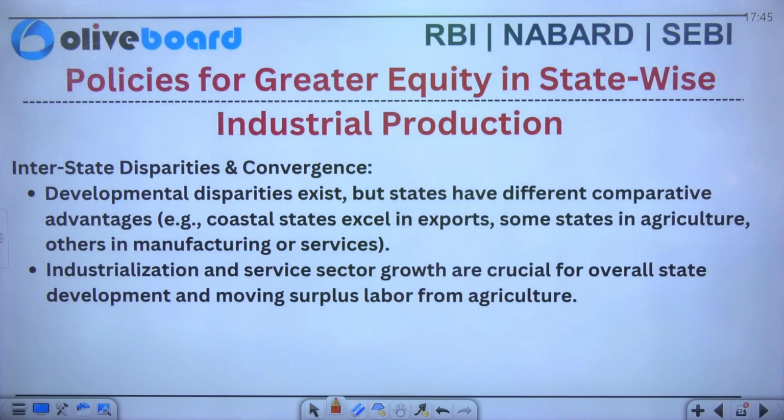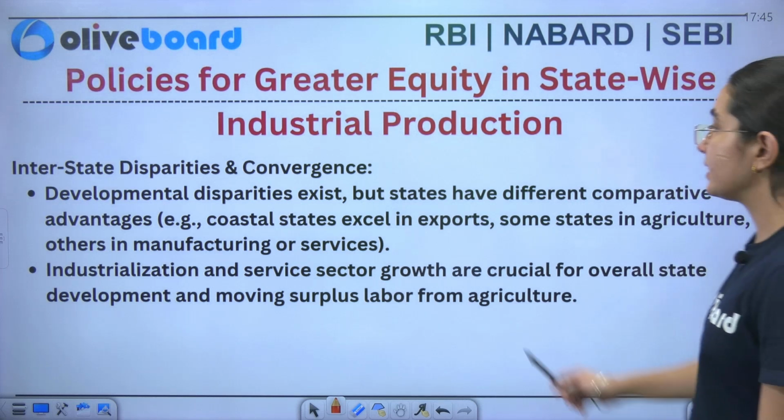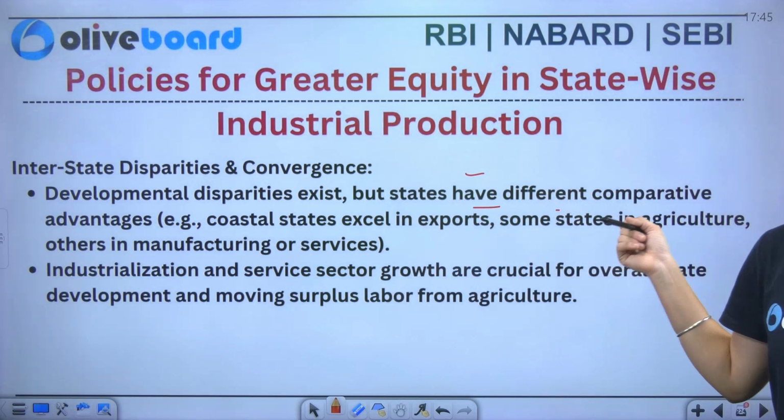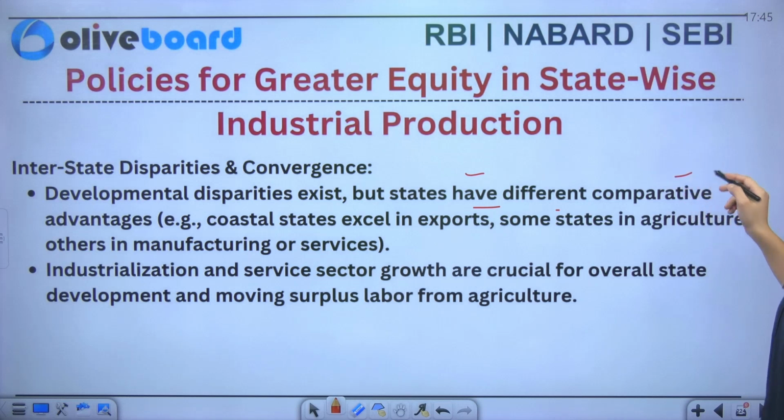Now we'll see the policies for greater equity in state-wise industrial production. So you can see the situation here. Now you can see that development disparities exist, but if I specifically talk about states, they have different comparative advantages.